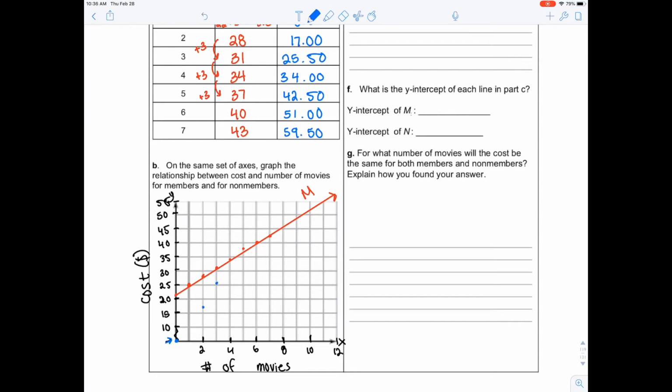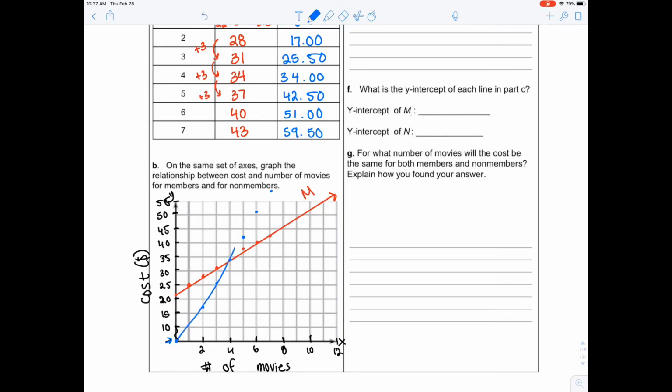Okay, and then 4 movies is at $34, so about right there. 5 movies is at $42.50, somewhere there. And then 6 movies is at $51. And then 7 movies is at $59.50, which is actually off of our graph.